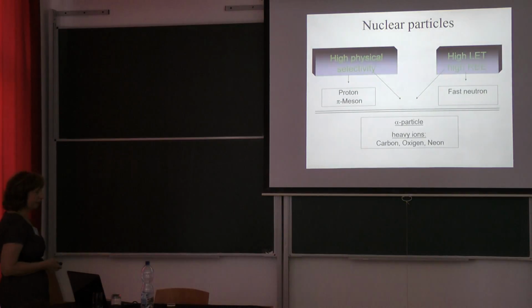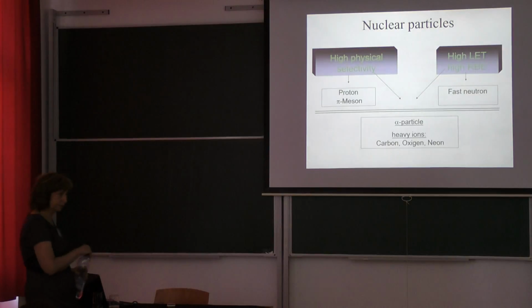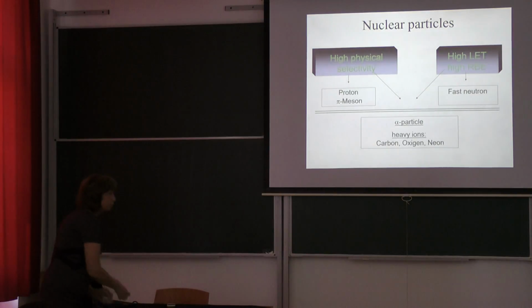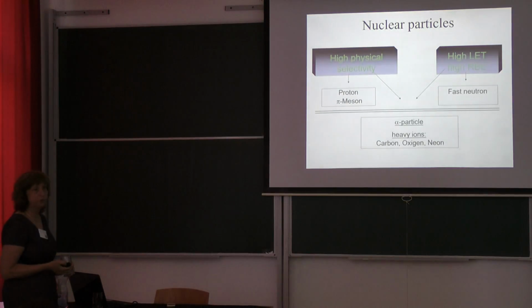And what are the advantages of these nuclear particles? On one side, they have a much higher physical selectivity due to their dose depth curve, due to the characteristic of charged particles, how they are absorbed in a material, and with that we can achieve higher physical selectivity of dose delivery.